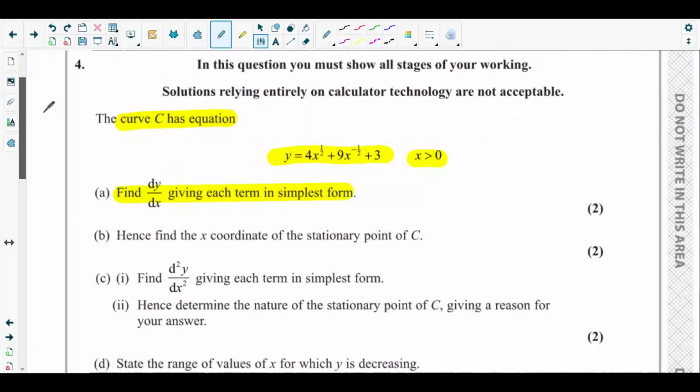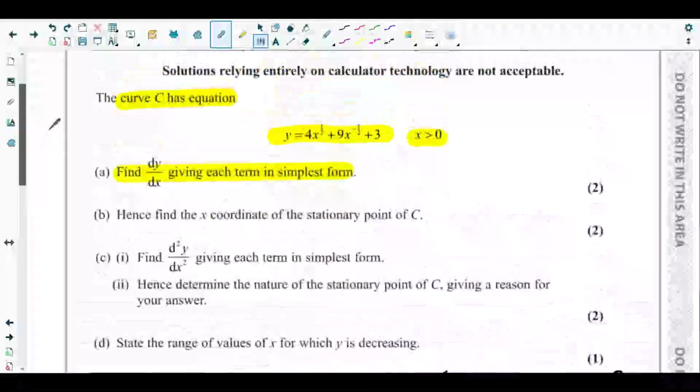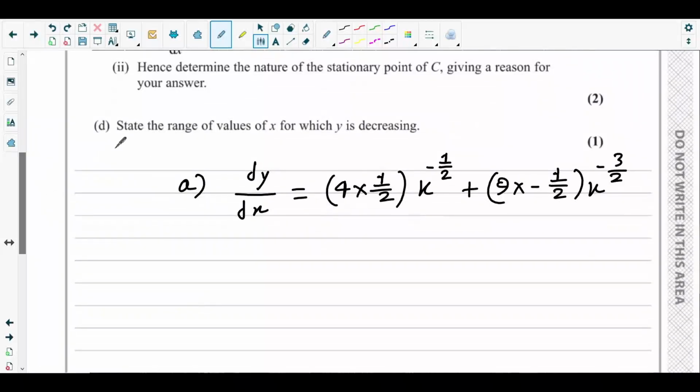The same process goes for the next term: 9 times negative half, with 1 subtracted from the power, gives negative 9 over 2 and power negative 3 over 2. And the constant term has no derivative.